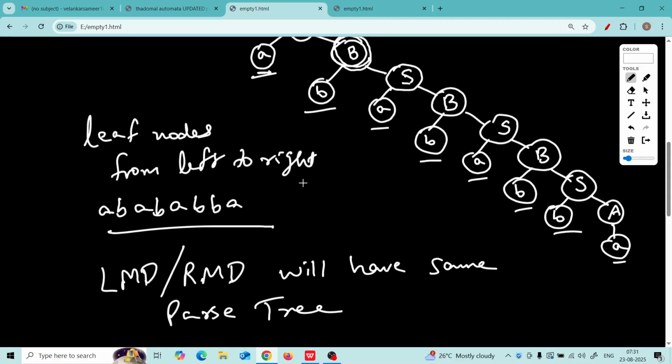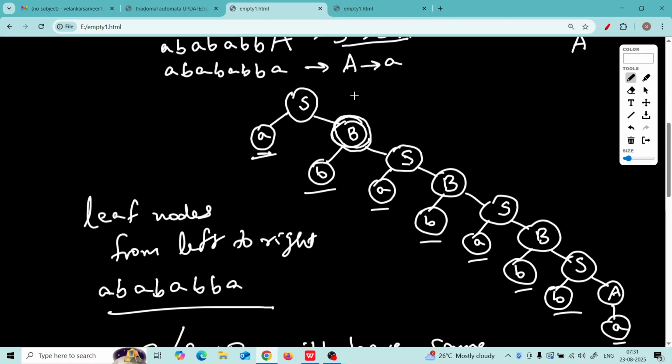So it is not that we have to think, okay, this is the parse tree for RMD, then what will be the parse tree for LMD? It will be the same.